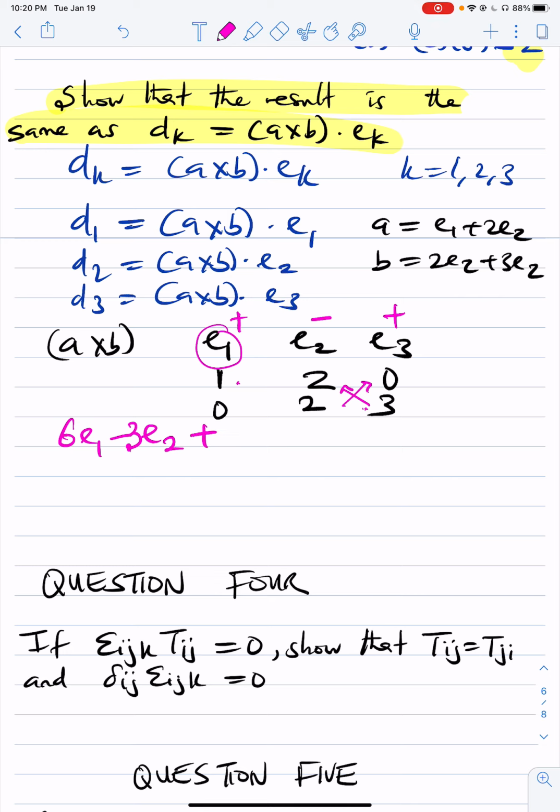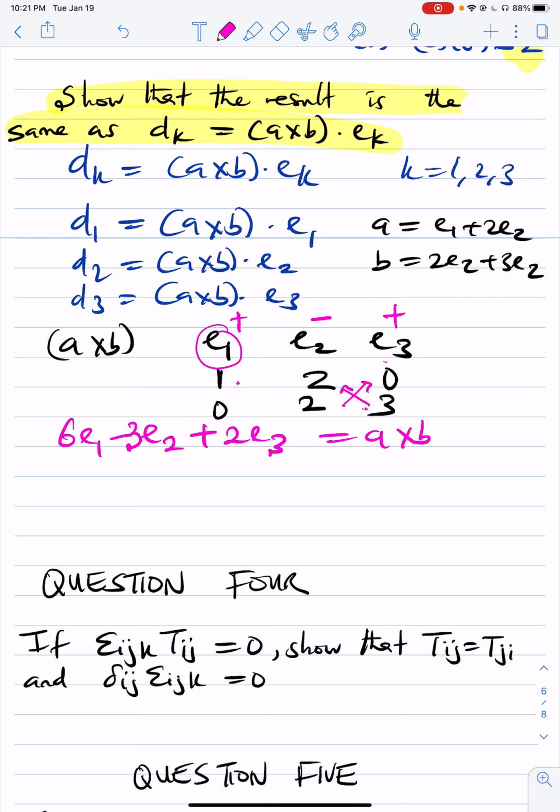Plus E3, 1 times 2 minus 0 is 2, so it's 2E3. So basically this is A cross B.